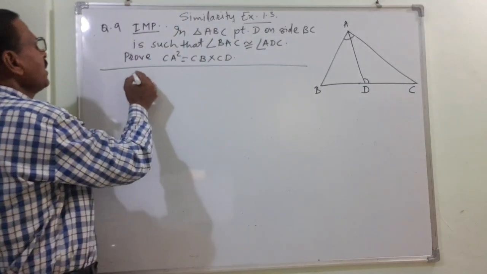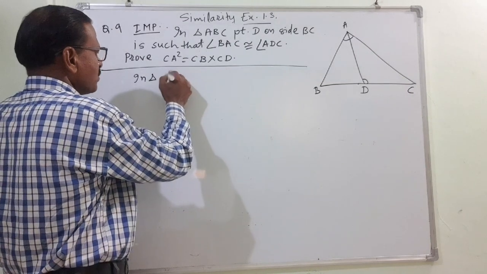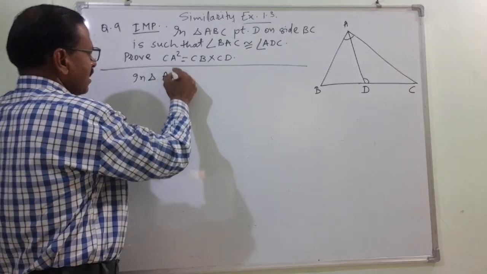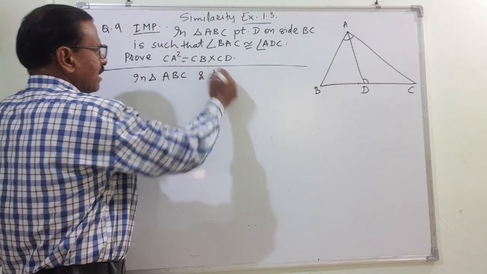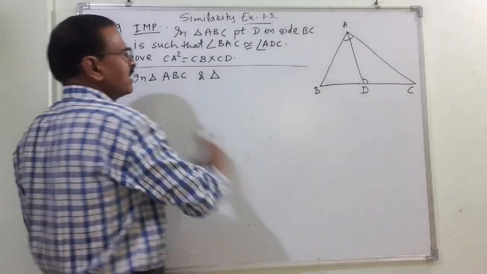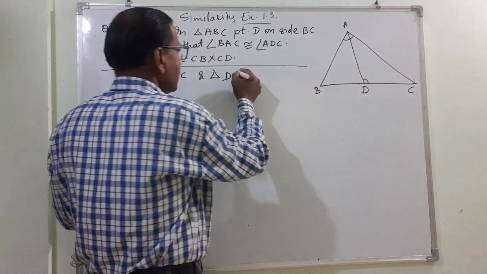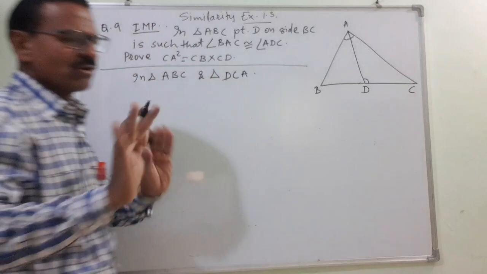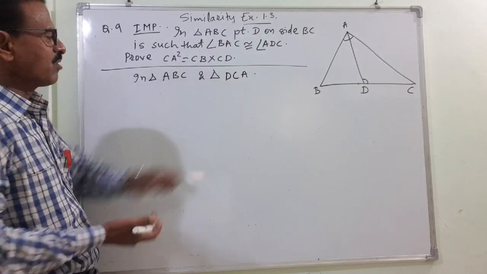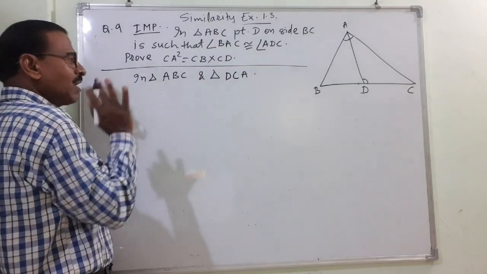Don't forget this. In triangle, bigger triangle is, say suppose, BAC or ABC. In triangle ABC and triangle, names whatever you want you can take. With this A, this D is equal D, and this DCA I will say suppose. The sequence I will maintain afterwards. I will not waste my time in maintaining the sequence in the initial condition. What is equal?